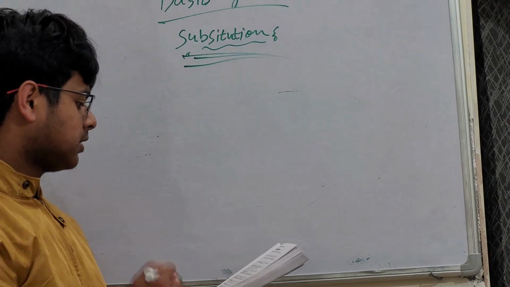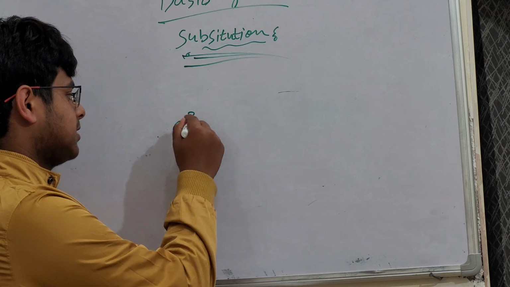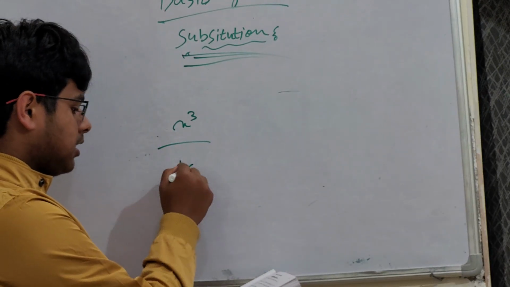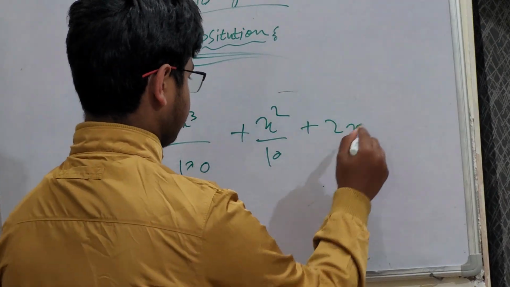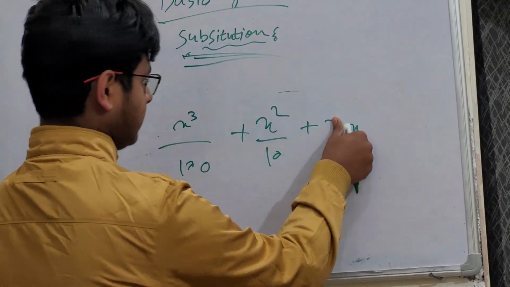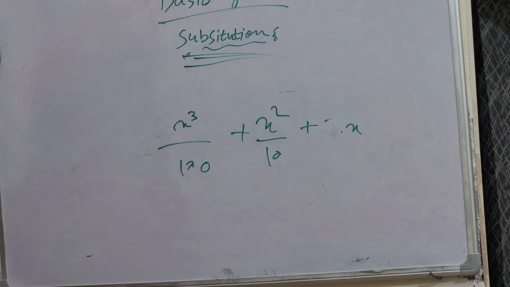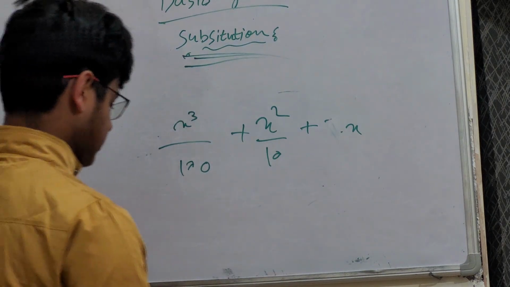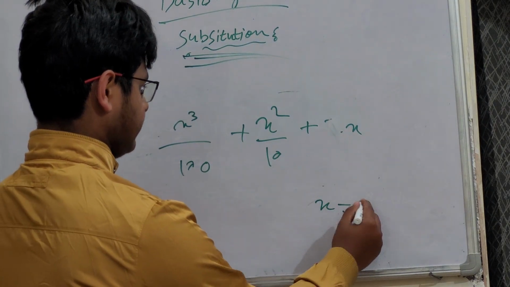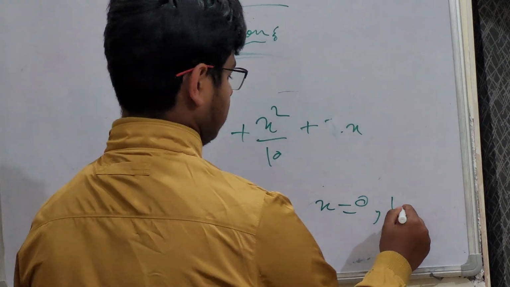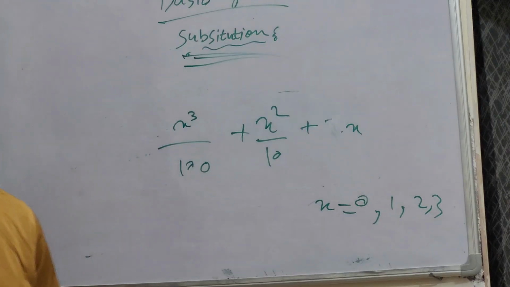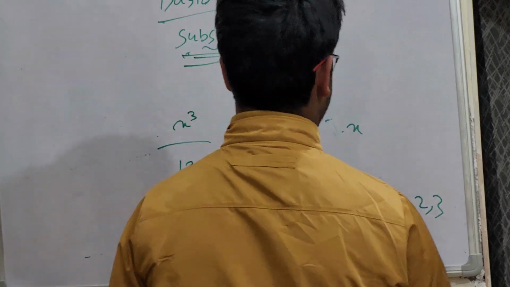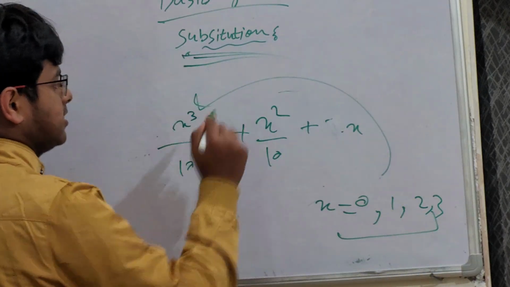So there is another expression, x cubed over 100 plus x squared over 10 plus x, and it is given that x is equal to 0, 1, 2, 3. Just like the previous question, we only have to substitute the value of x in this equation.